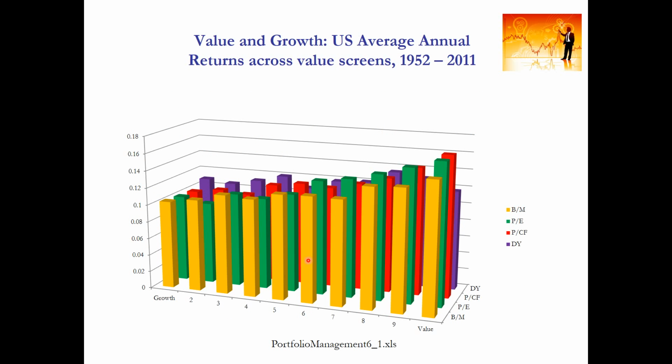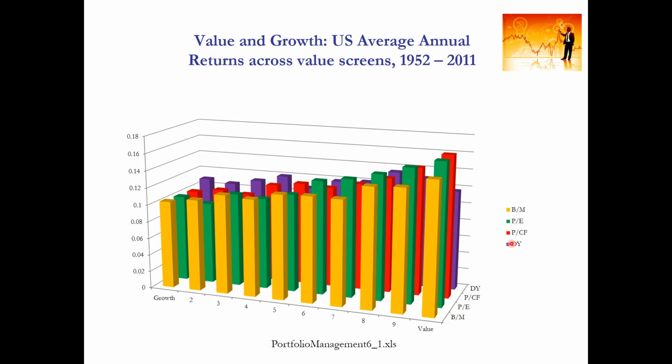So here is an example of how value investment actually performed in the United States for the period 1952 to 2011. During this period, on an annual basis, I ranked all the stocks on the basis of these four value screens: book to market, P/E ratio, price to cash flow ratio, and dividend yield.